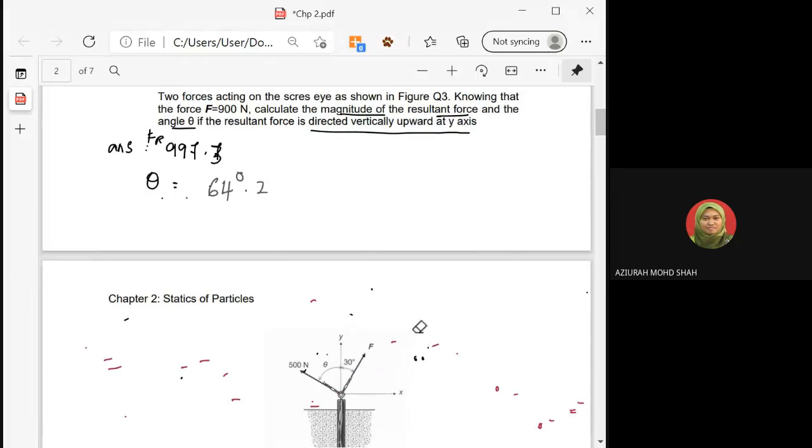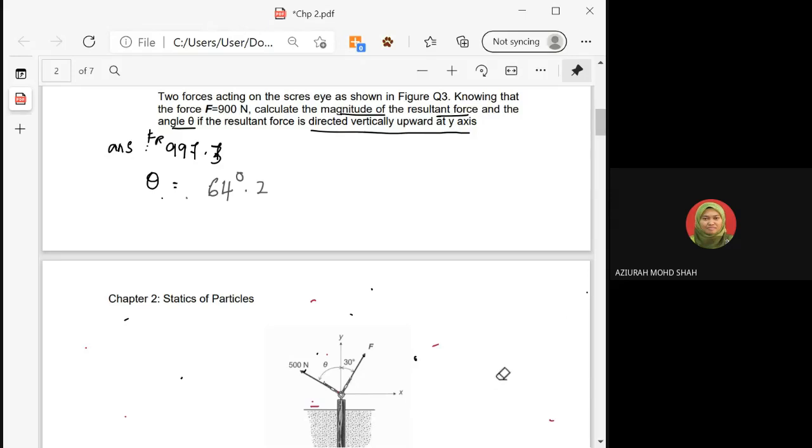Question 3. Okay. So is this your answer that you have in your notes for question 3? FR is 997.3. Eta is 64.2. Oh, boleh sama pula dengan kumpulan A. Eta I pick randomly.